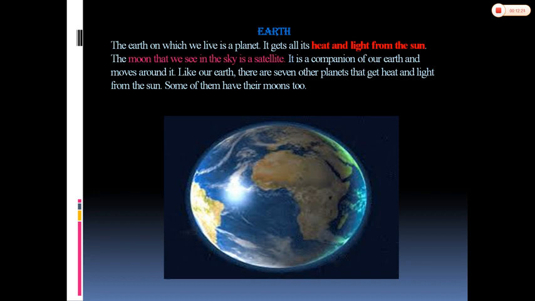And as it completes one round in 27 days, as well as one spin in 27 days, we cannot see the other side of the moon. That means whatever side of the moon we can see from the earth, it is visible everywhere on the earth. The other side we cannot see from the earth.